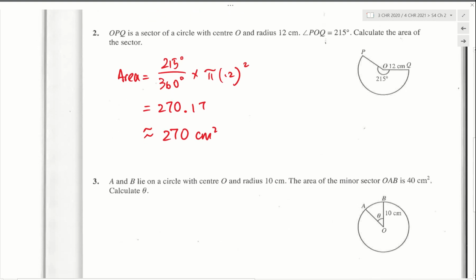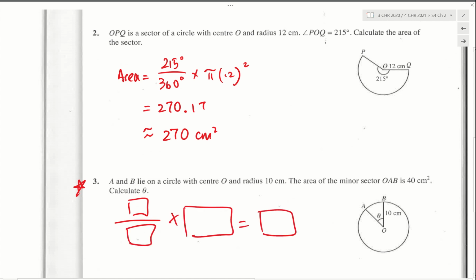Okay, if you're done with question 2, there are no issues. Question 3, put a star, because it is the same type of question as the previous work. Instead of asking you to find the area, they tell you the area is 40. So form an equation. Something over something times something equals something.